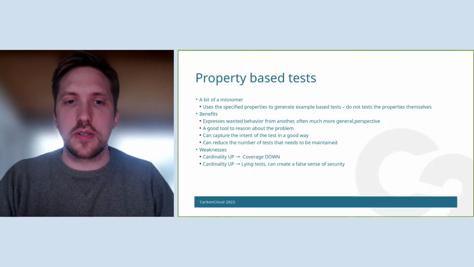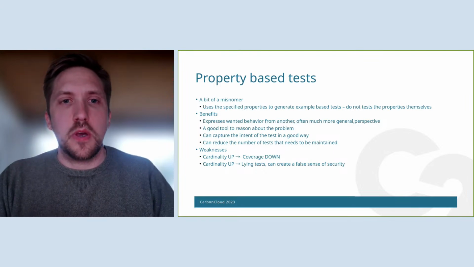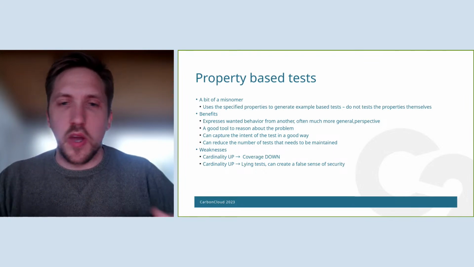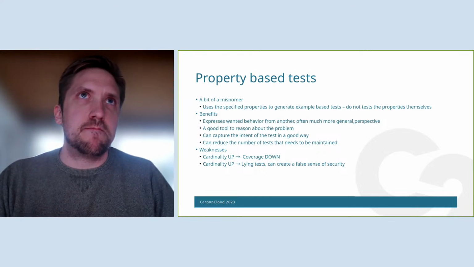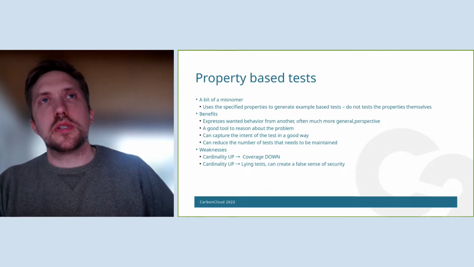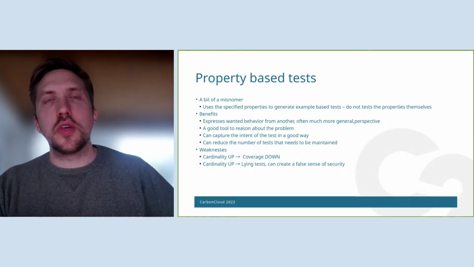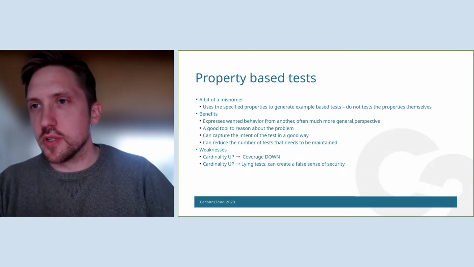But with property-based tests, they say these functions have these properties, and that test is green. It's easy to start thinking that protection is as good as the compiler, for instance, which is not.